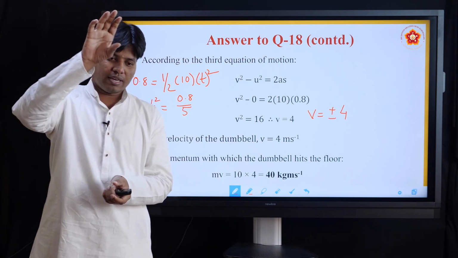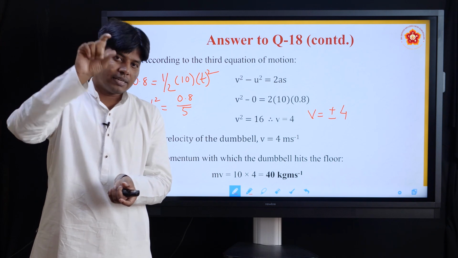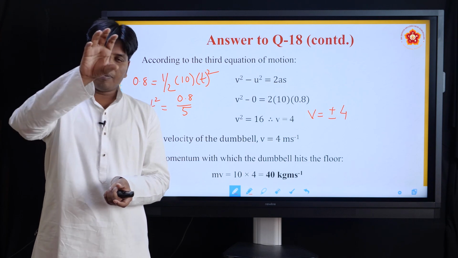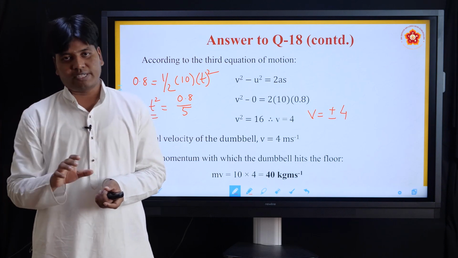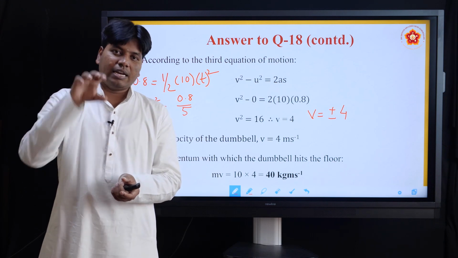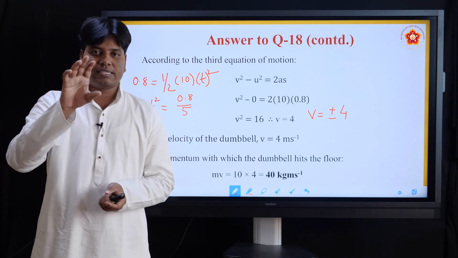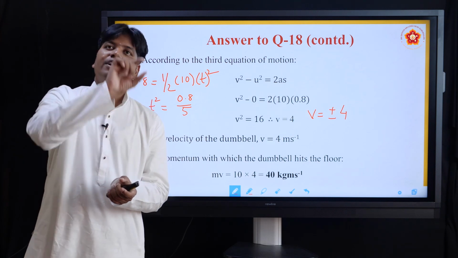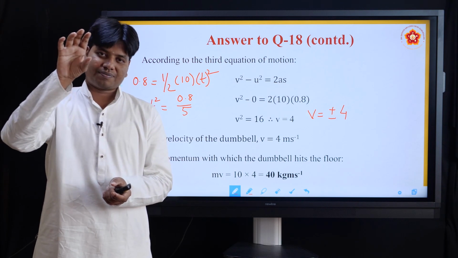Right? You have a ball on the floor. If the event we are considering is afterwards, that means the moment the ball comes onto the ground, it gains 4 meter per second velocity. Now, when we consider minus 4 meter per second velocity, that means before this much amount of time, that ball could have traveled to this point and decreased the velocity to 0.